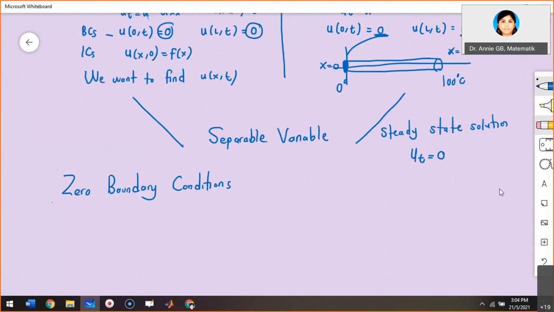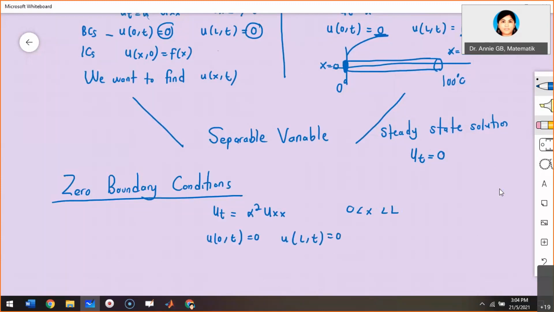Okay, we're gonna solve this equation yang atas ni, so saya tulis balik lah. So ut equals to alpha squared uxx, x from 0 to L, u(0,t) equals to 0 and u(L,t) equals to 0, u(x,0) equals to f(x).